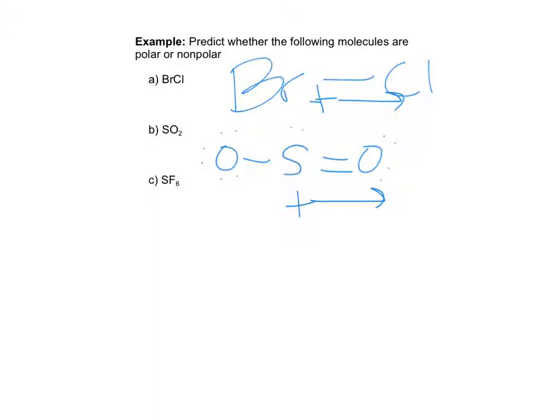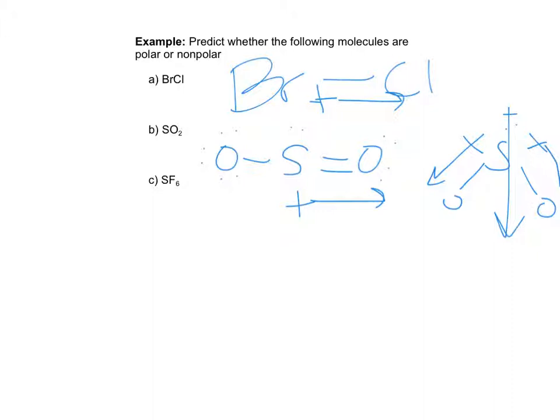But since we're looking at a bent molecule like this, our dipole moments are going to be going like that. And so overall, we're going to have a net dipole moment for the whole molecule going towards those oxygens. So yes, it's going to be a polar molecule.